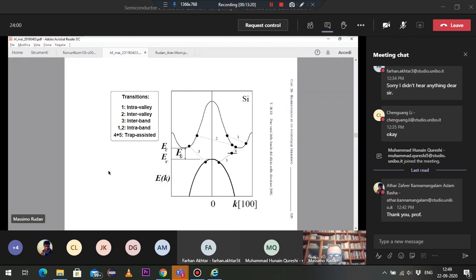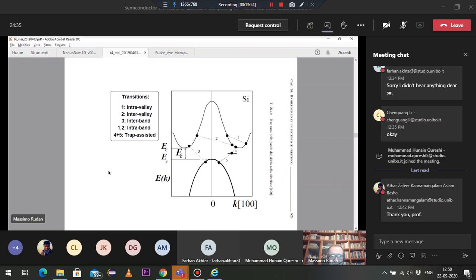This is not a terrible constraint, because we can perform another calculation to find how many possible vectors k, after this discretization takes place, are present inside the Brillouin zone. The Brillouin zone is the period in the reciprocal lattice, okay?